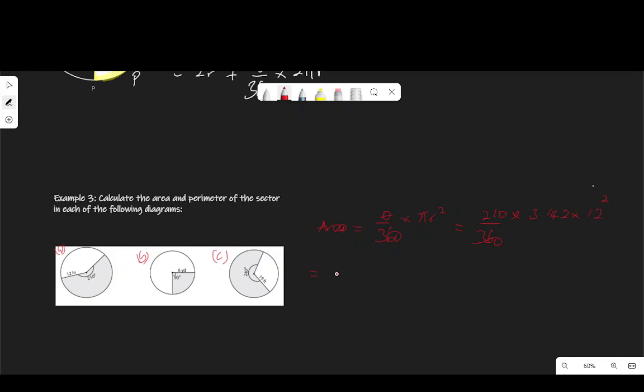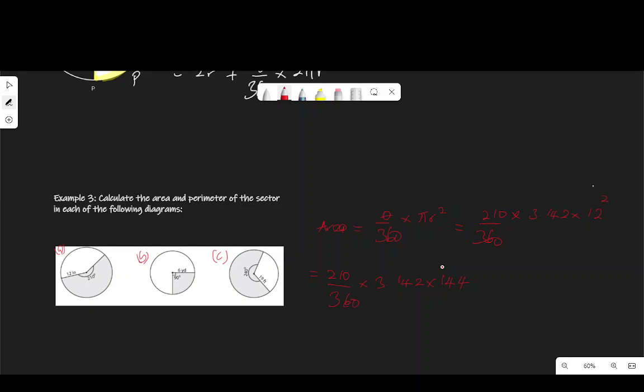That would be 210 over 360 times 3.142. 12 square is 12 times 12, which is 144. Let's plug that into our calculator. 210 times 3.142 times 144, then divided by 360.